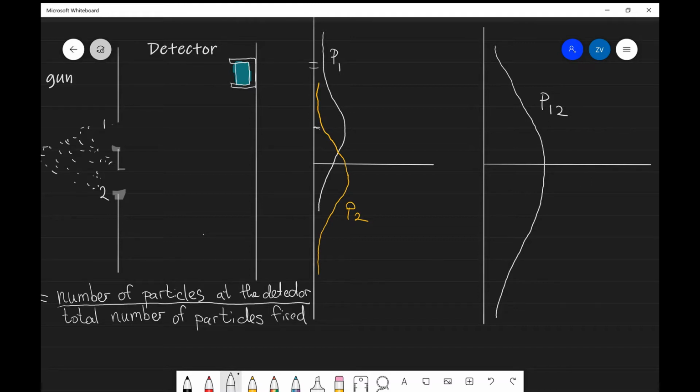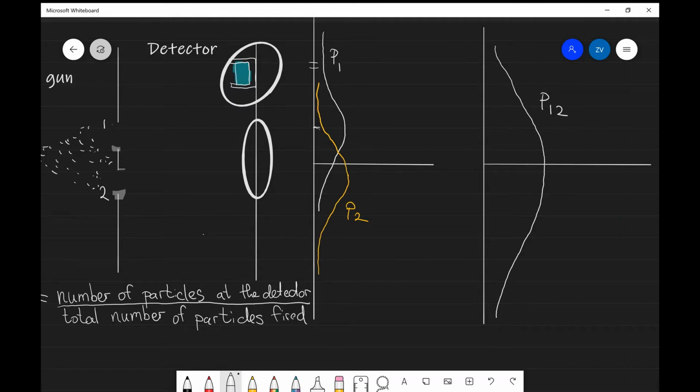So if I'm in the region near the center, there's quite a high probability. In other words, if I'm somewhere near this region over here, there's quite a high probability of detecting a particle. However, if I'm somewhere around the side where the detector is, in this case, there's a relatively low probability.